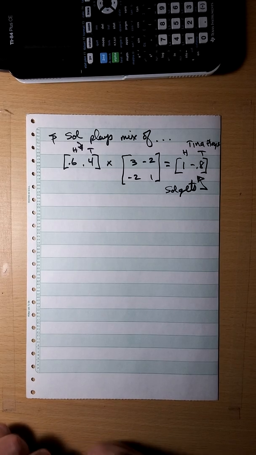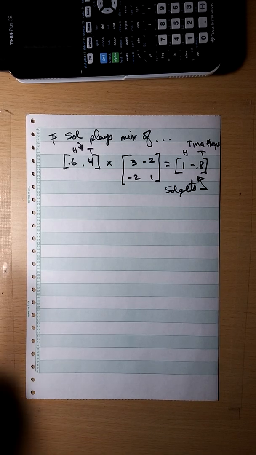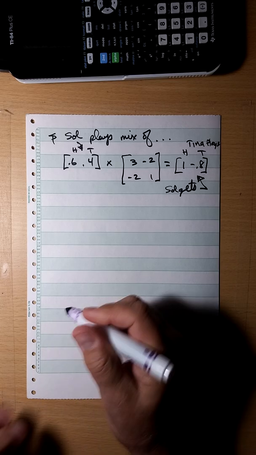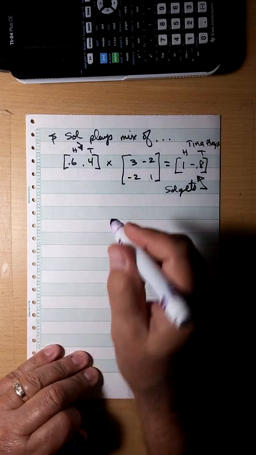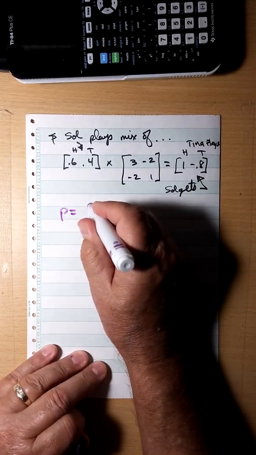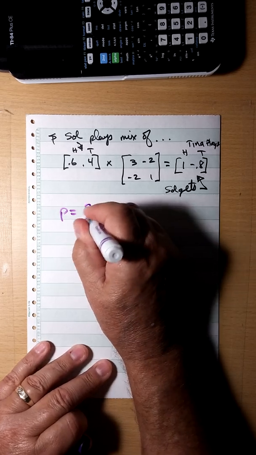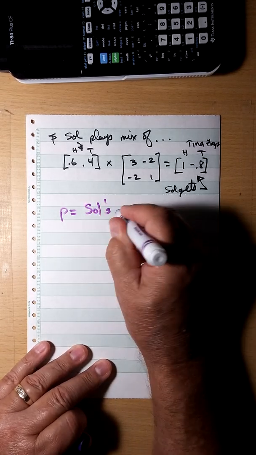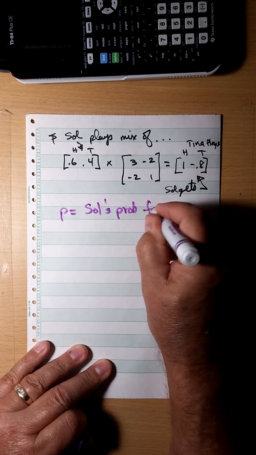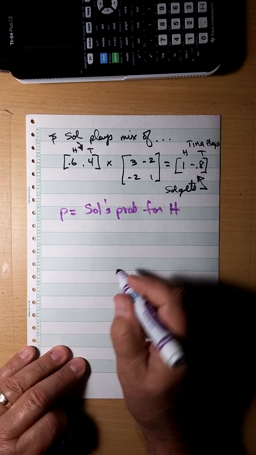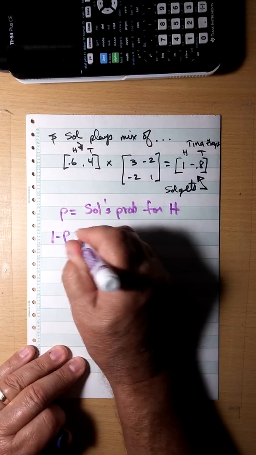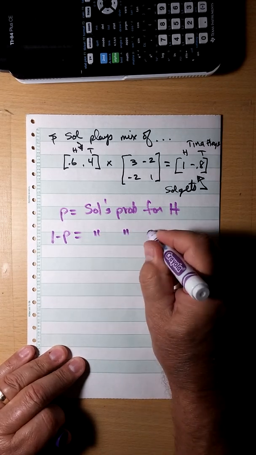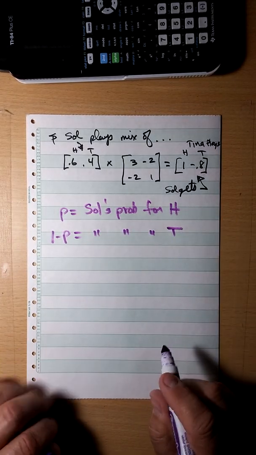So is there another way we can take a look at this to figure some of that out? Well, let's let P equal Saul's probability for heads. Then 1 minus P would be Saul's probability for tails, right?